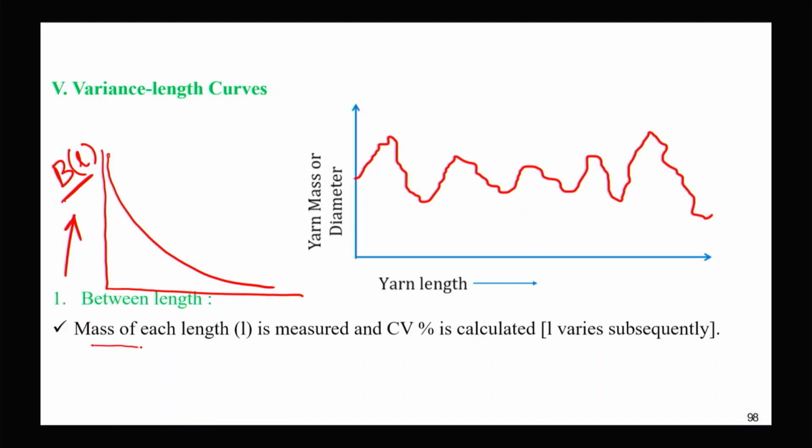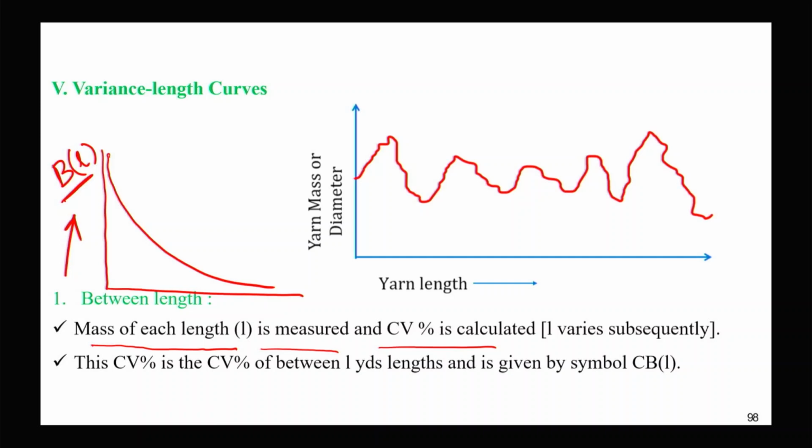So mass of each length L is measured and CB is calculated. Then L varies subsequently. So L we are changing. L initially 1 millimeter, then say 10 millimeter, 1 centimeter, 10 millimeter, 1 meter, in this way.